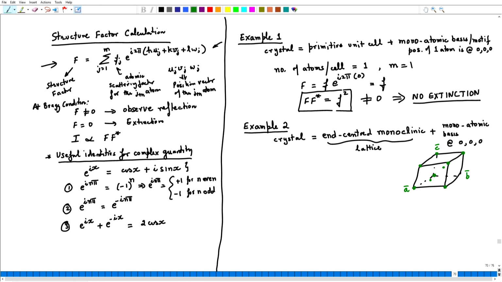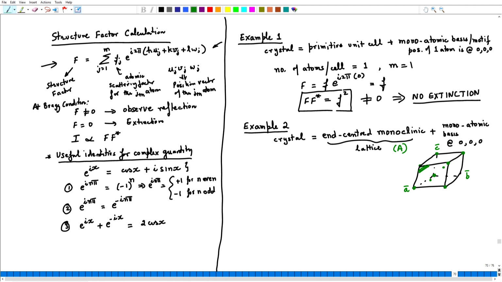So, we will call this structure as end centered monoclinic, and we can abbreviate it by saying A, implying that the atoms present at two opposite faces would be the A face, and this is clearly the A face or the face which is parallel to the BC plane.